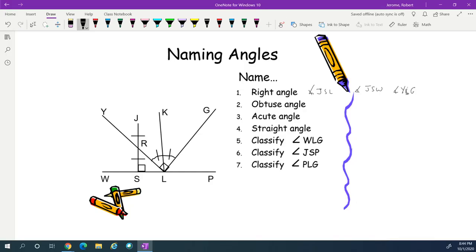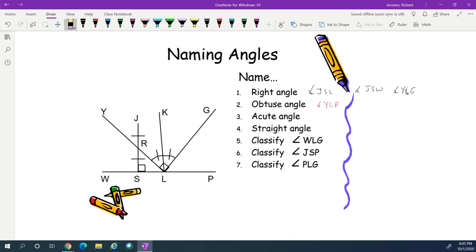We can name an obtuse angle. So we're looking for something that looks bigger than 90 degrees. So if we find something that includes 90, but it goes bigger, we'd have it. Since we don't have any measurements, maybe we can do something like, we know that Y, L, up to G is 90, but what about out to P like that? That would be an obtuse. So something like angle YLP.